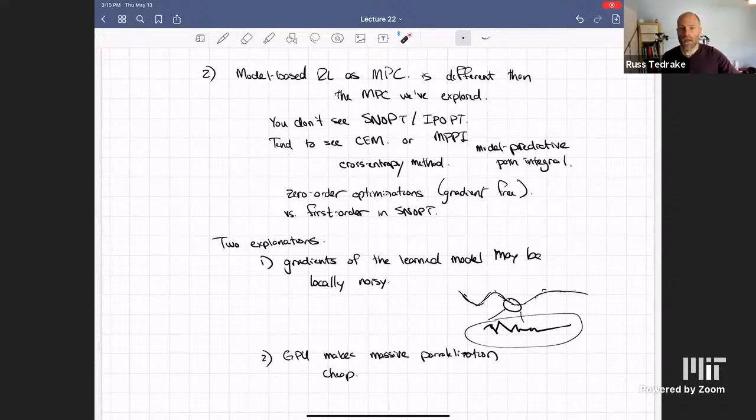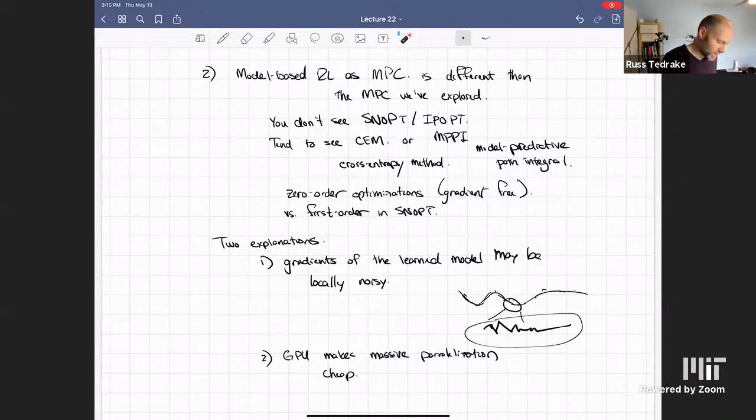That's a great question. It's a little weird for me to call SNOPT a first order method, because it's using first order derivatives to make a second order method, and it's actually solving a QP.